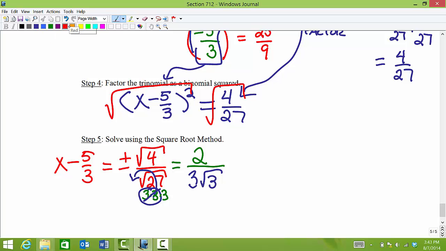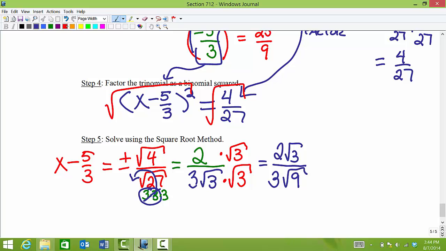Now, is this rationalized? We don't want to leave a radical in our denominator, so let us rationalize. We're going to multiply by exactly the square root that is in our denominator. We can do that because we only have one term in our denominator, so that'll take care of it. 2 times the square root of 3 divided by 3 times the square root of 3 turns out to be the square root of 9.